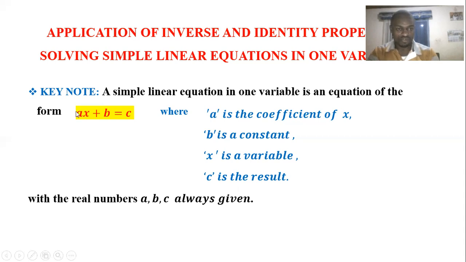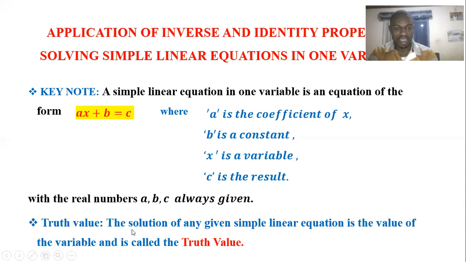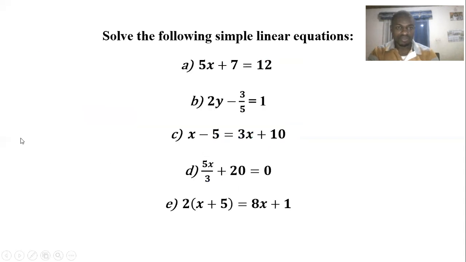Now, when you solve a simple linear equation, the solution to that simple linear equation is always the value of the variable. And that solution is called the truth value. To better understand this lesson, we are going to be looking at solutions to these given examples.